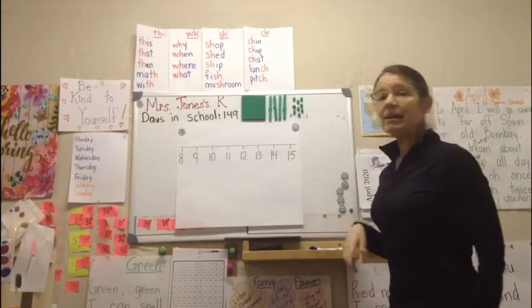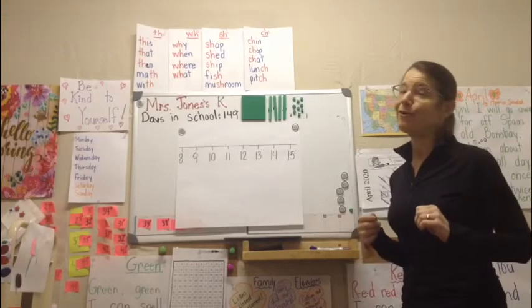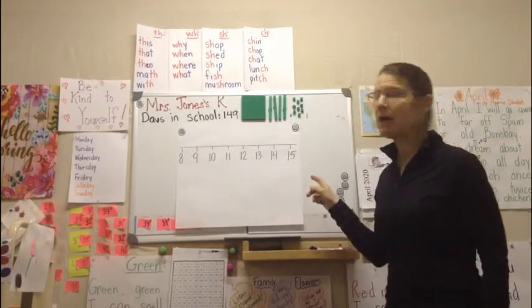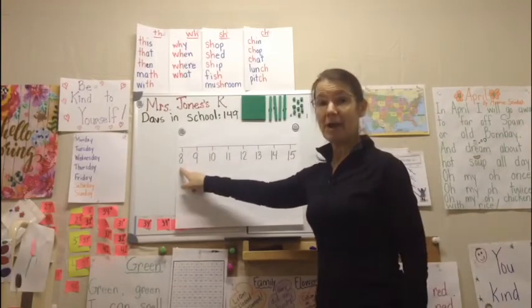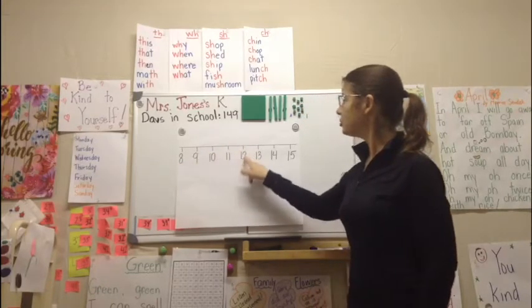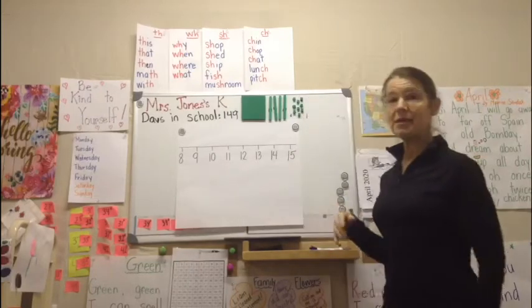But here, I've taken just part of the number line. I'm not going to use the whole thing. That would be way too big, although some friends might want to challenge themselves. That means I just chopped out a piece of the number line, and I started here at the number 8. So count with me. 8, 9, 10, 11, 12, 13, 14, 15. These are the numbers I want you thinking about.